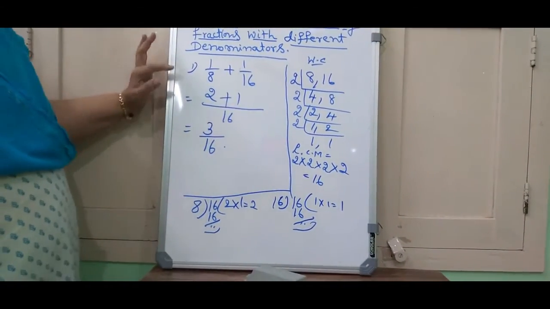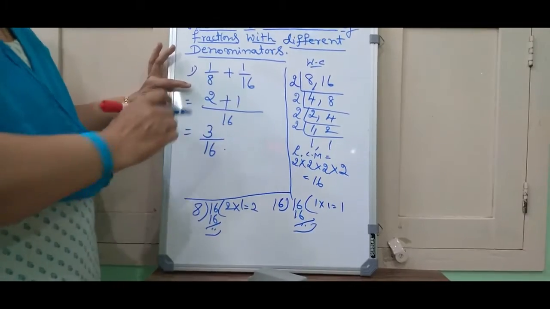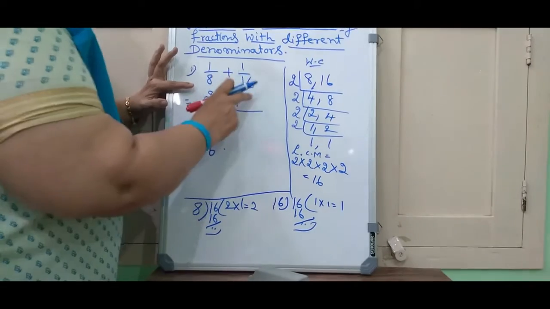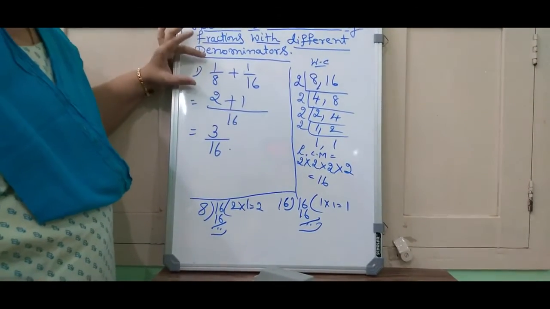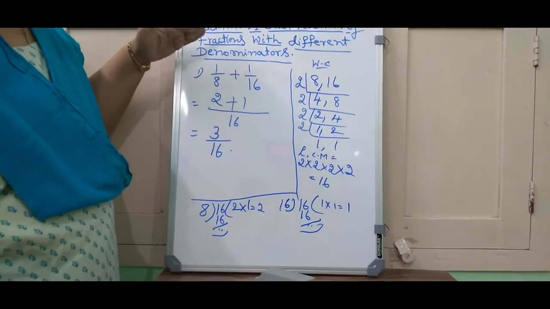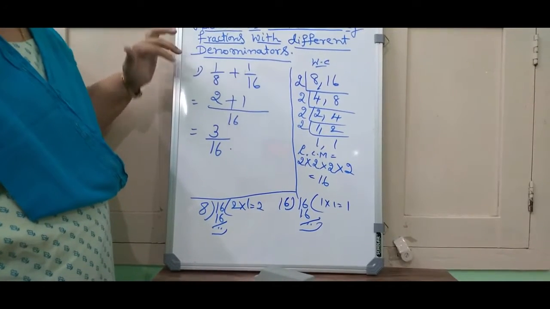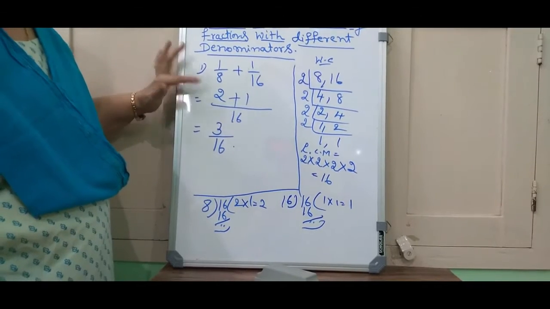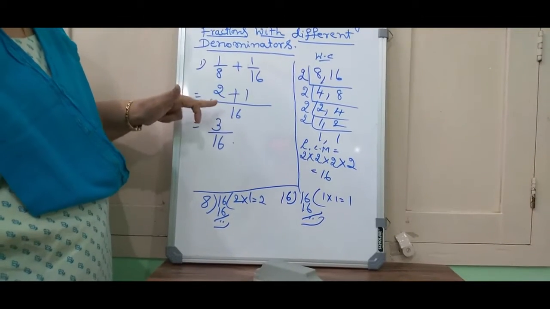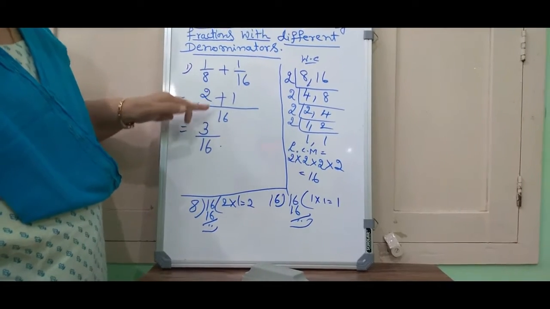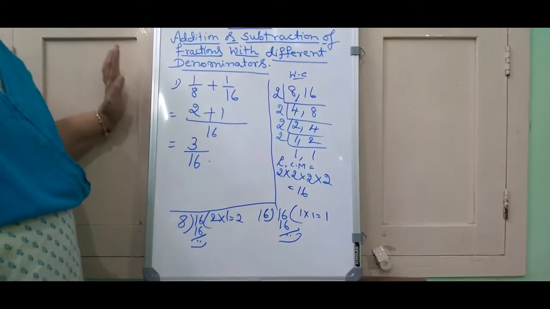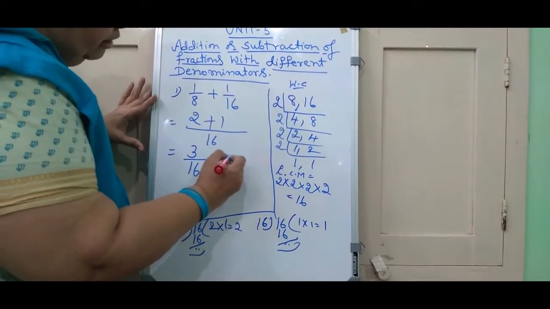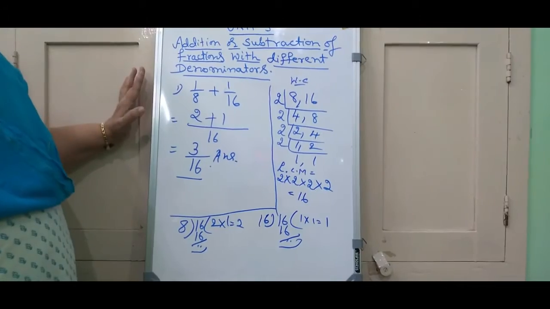If you get confused, you can also write one more step here. This is 2 by 16 plus 1 by 16. That means we are writing the given fractions with the same denominator, and then we are adding. 2 by 16 plus 1 by 16 is 2 plus 1 by 16, that is 3 by 16. We cannot simplify this, so this will be the final answer, 3 by 16.